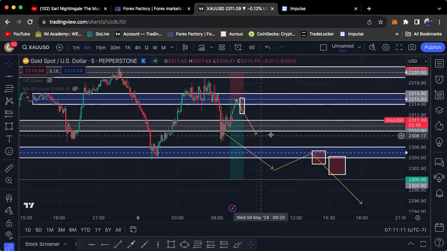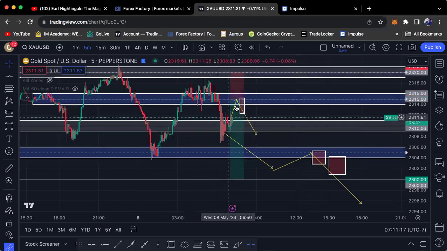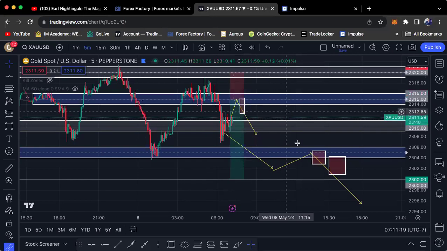I'm looking for sells. You see how price is, you see the momentum of the market. You see how it's trending down. You guys can see the patterns now.